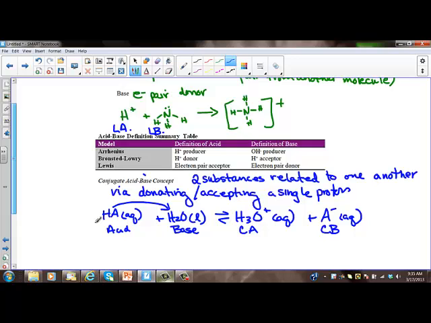If I were to do this with a base, we'll just do this as B, here's my base, plus H2O yields HB plus aqueous plus OH minus. This is liquid, and this is aqueous.